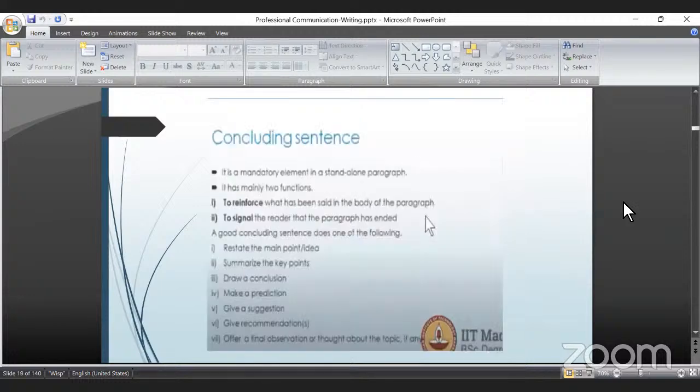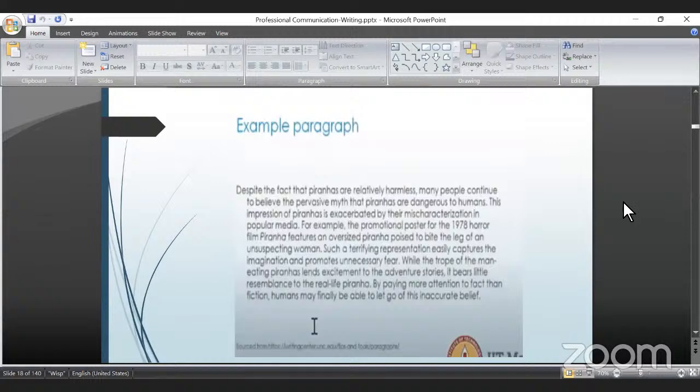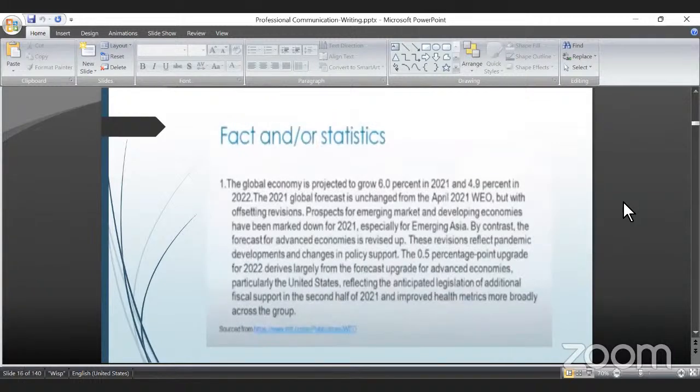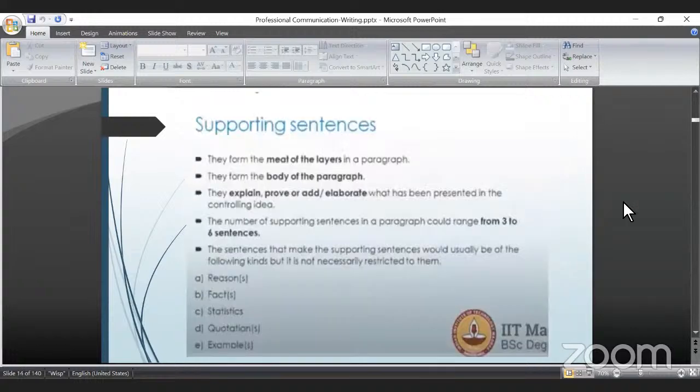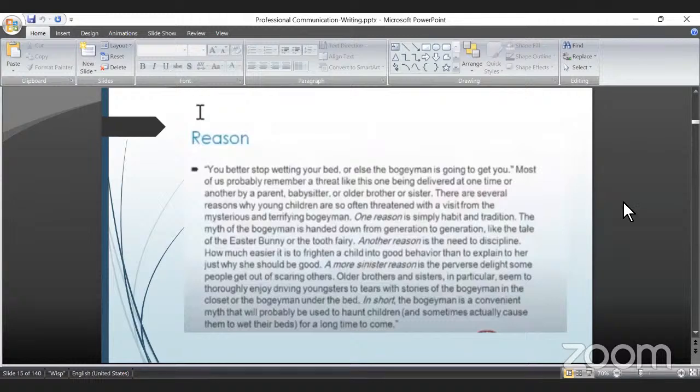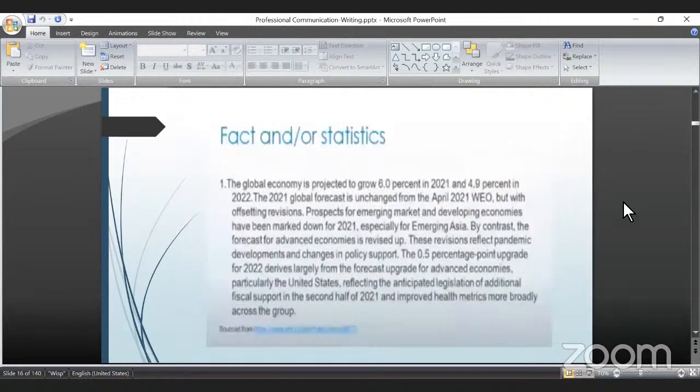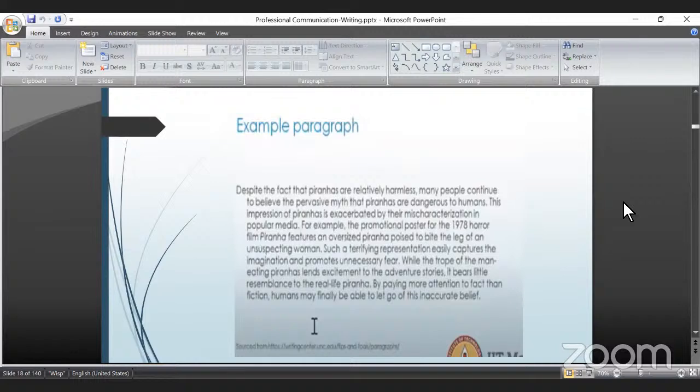Fine. Now, okay, is this understood to you? We have looked at the methods that we discussed in the slide, right? Reasons, facts or statistics, quotations, and examples. There could be more than this.